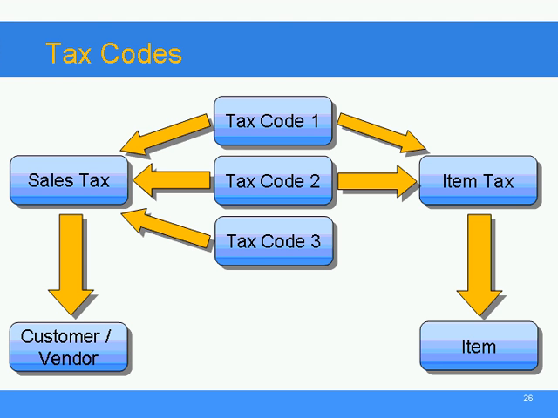The calculated sales tax in Microsoft Dynamics is based on the sales tax code, included in both tax groups attached to the customer, vendor, and the item. So in this picture, you see one example of how tax codes can be attached to the sales tax group and item tax group, and after that, sales tax groups need to be assigned to the customer or vendor, and item tax group needs to be assigned to the item.